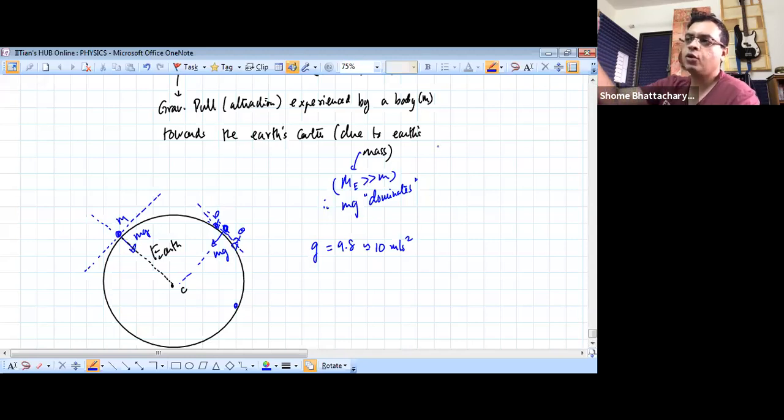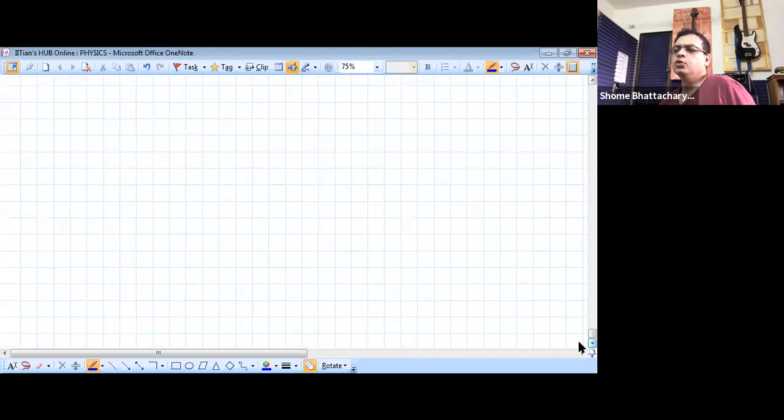So that is why when you drop the pen, it goes straight down. It doesn't come towards your body. But suppose this pen and you were both in outer space where there's no Earth, then the moment you release the pen, it would come towards your body because your body's gravitational pull would become the predominant force on it. Okay, so more about gravitation in a chapter called Gravitation later.